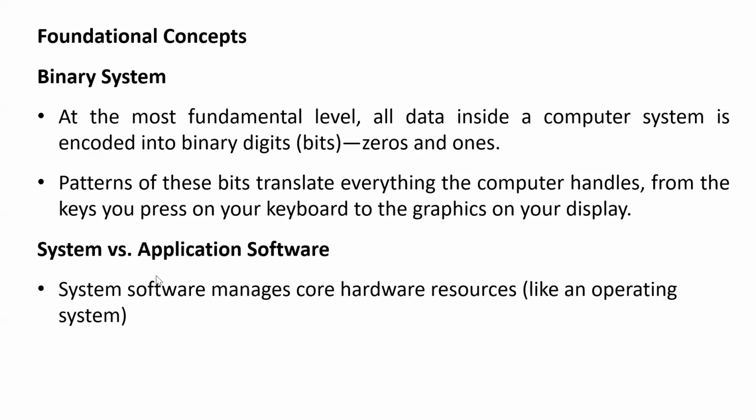A computer is a system. When we talk about a system, you're looking at the different components, the different parts that the computer is able to manage. You have system software. System software is the core software that manages the computer. So when a computer comes, it already has some software. If you buy a phone, there's already software on it, whether it's an Android phone or an Apple iOS, whatever it is.